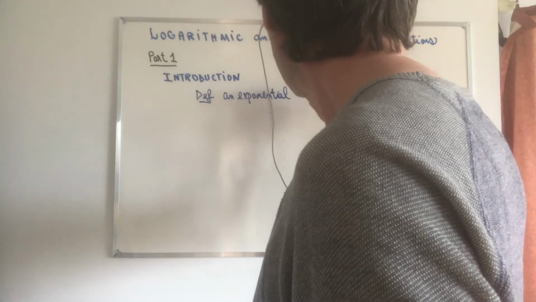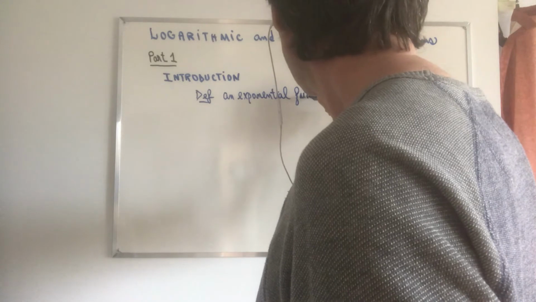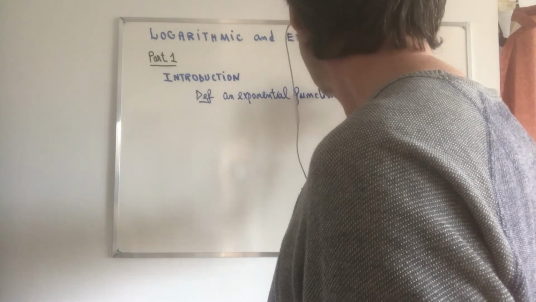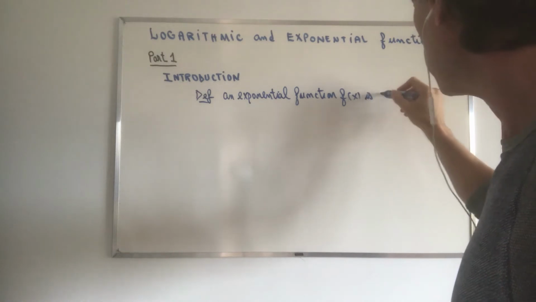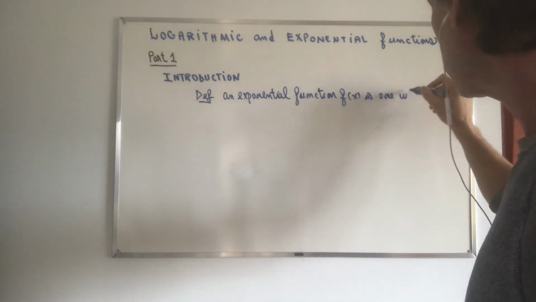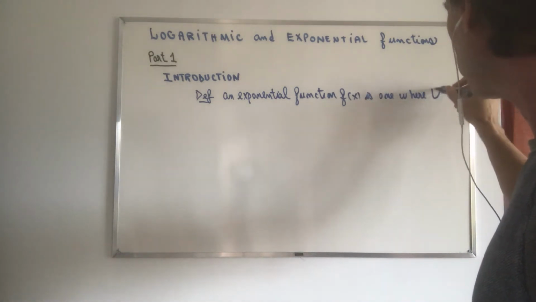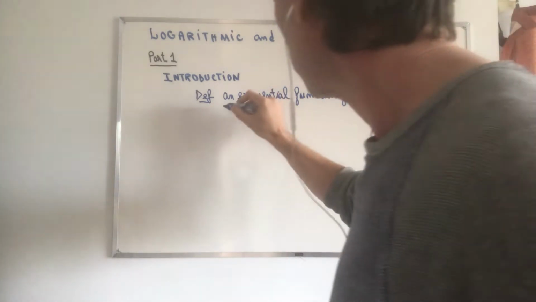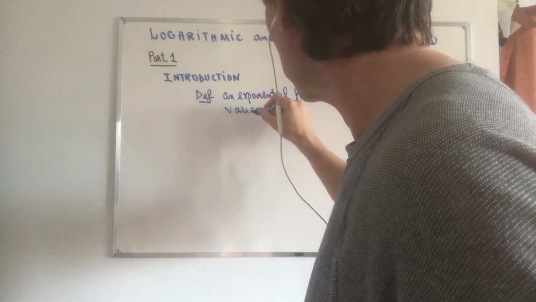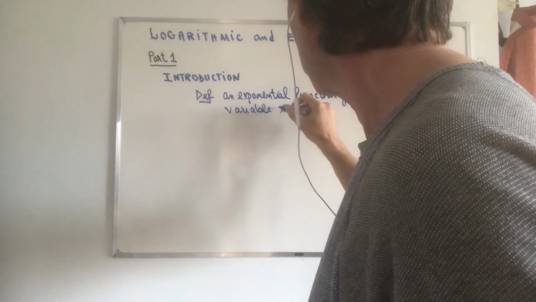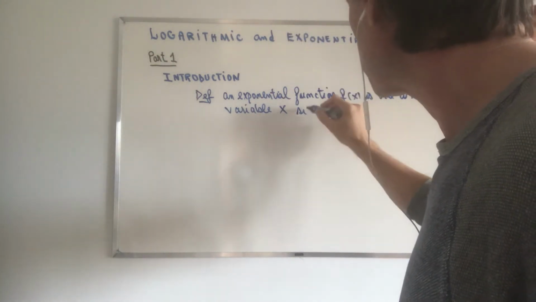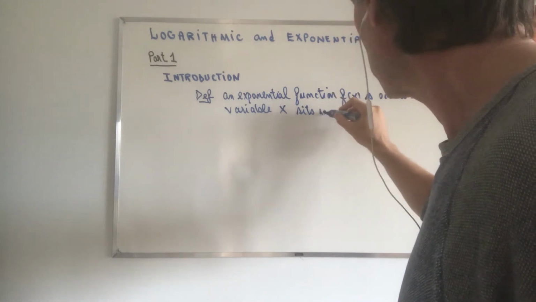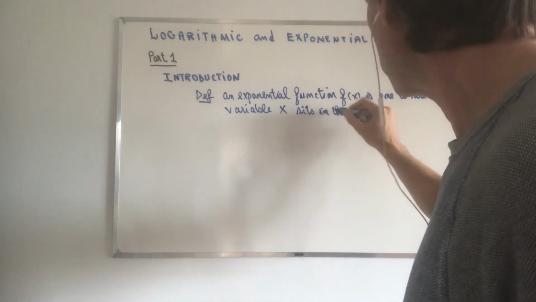An exponential function f of x is one where the variable x sits in the place of the exponent.